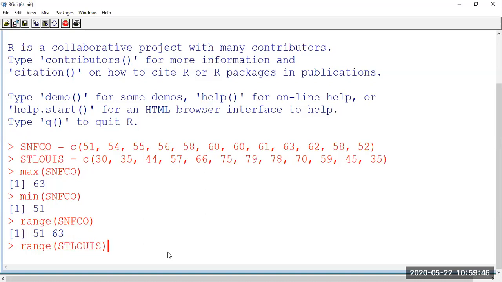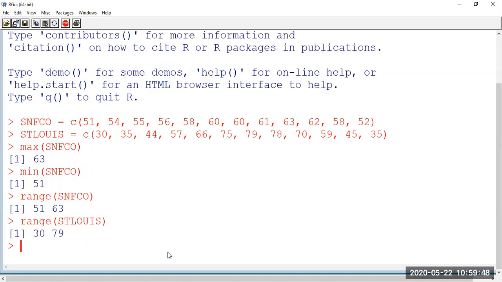What you're going to get is just the minimum value 30 and the maximum value 79. So R doesn't compute the difference. You need to do it by yourself, but it's giving you the minimum and the maximum value.